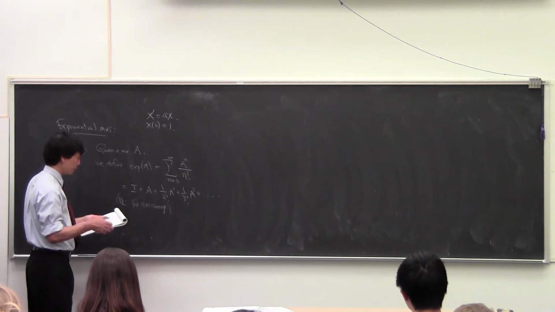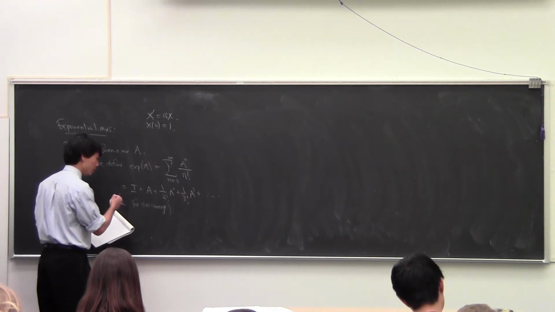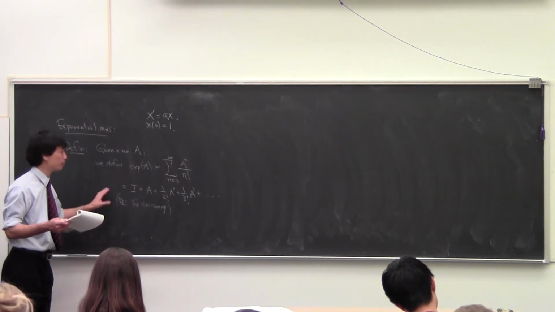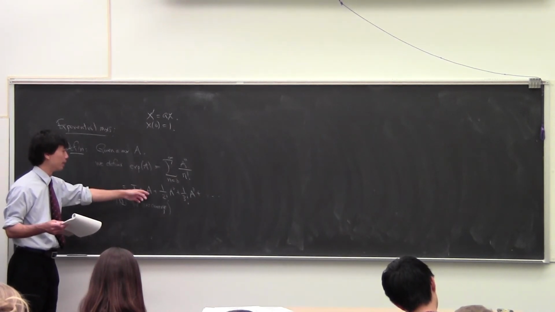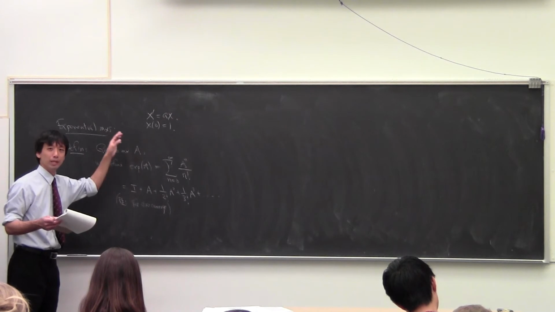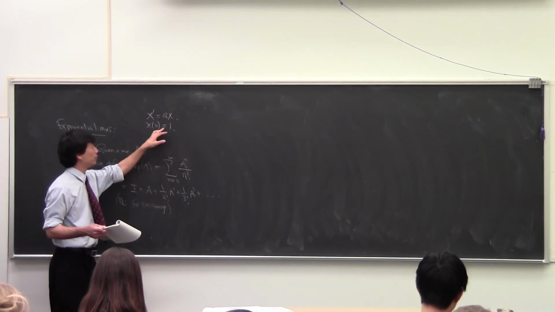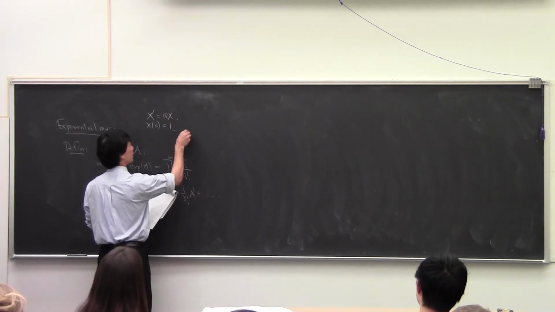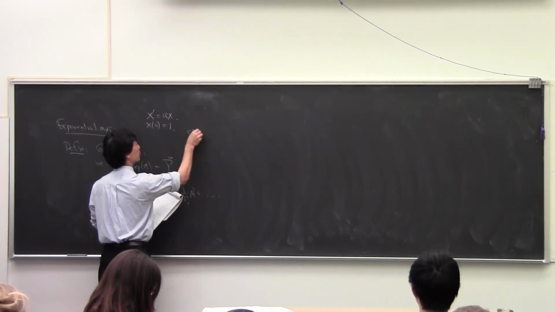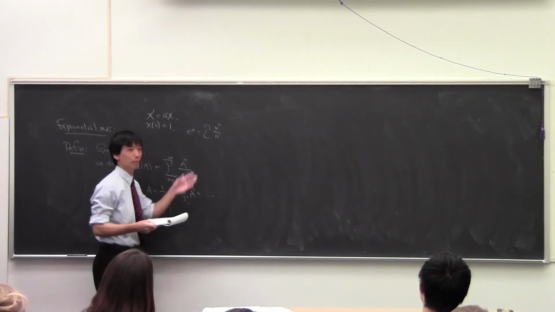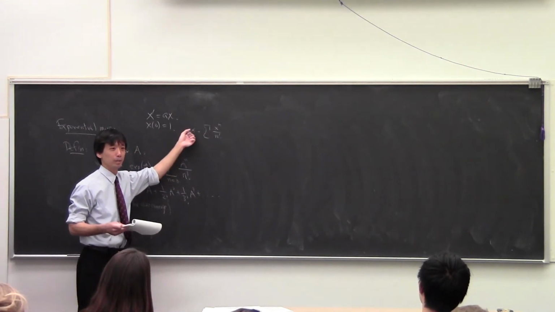So it is possible to show that this definition makes sense. Maybe you're worried that this thing is infinite, that you've got an infinite sum here, just like the series for sine or factorial, and maybe you're worried that it just diverges.